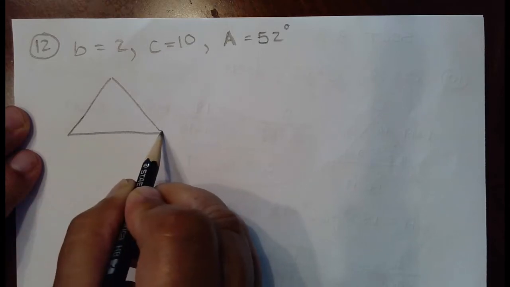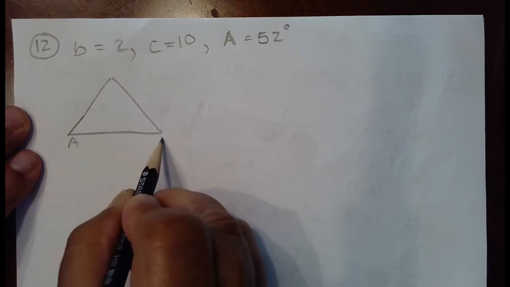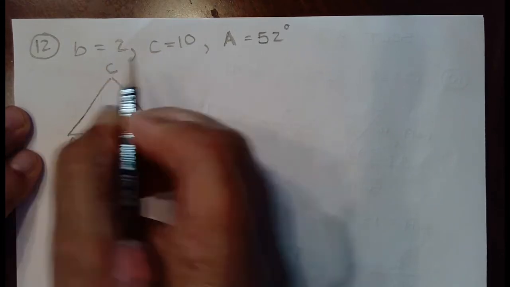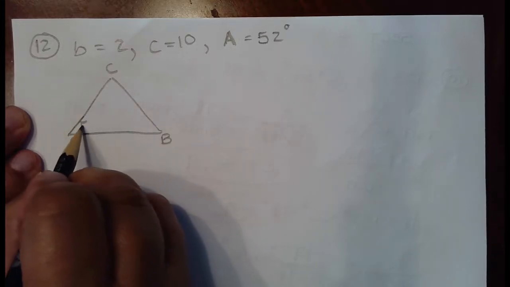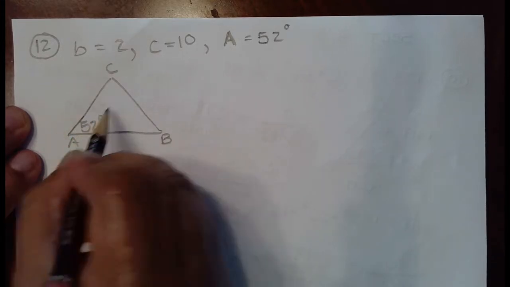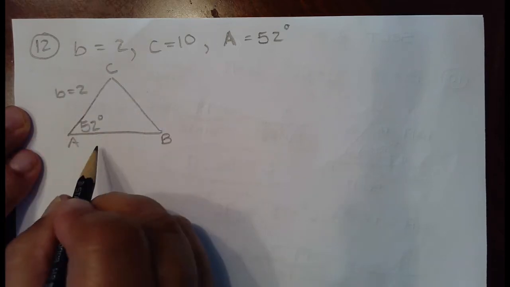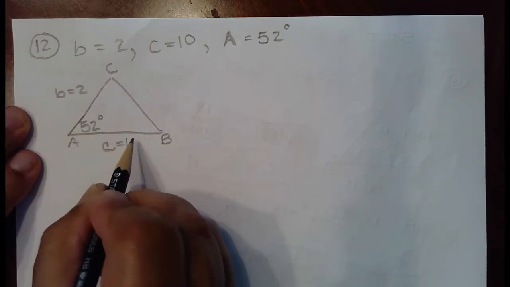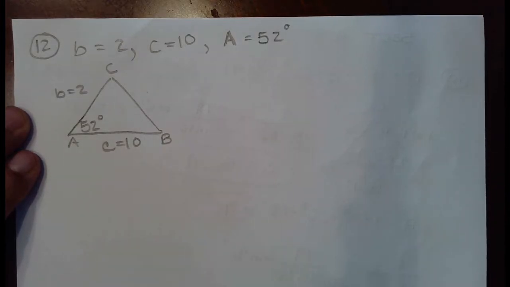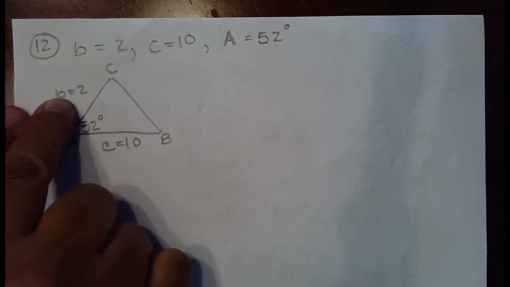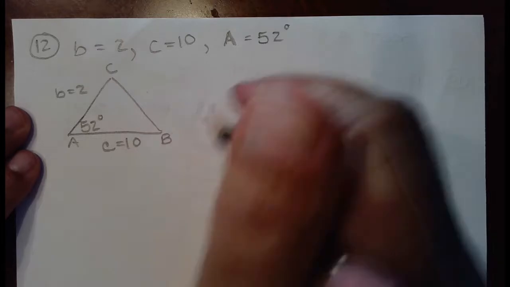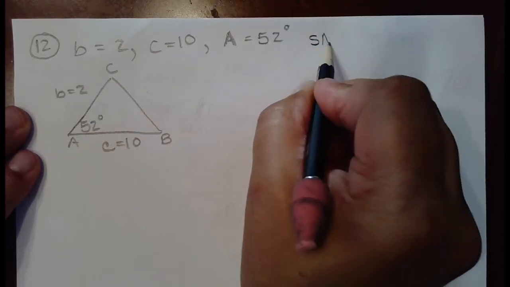Okay, now this is side, angle, side. And side, angle, side means that you start with cosines. Another way to think about this is, as I keep pointing out, you don't have anywhere in this problem an angle and a side across from it, because only then can you start the problem with law of sines.